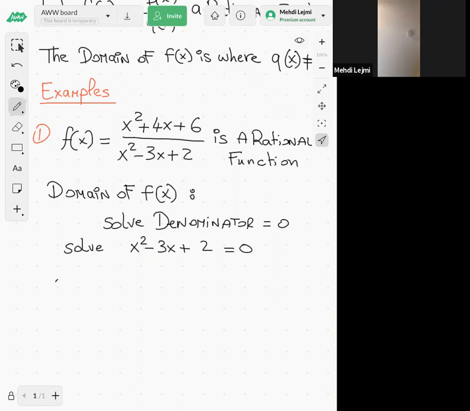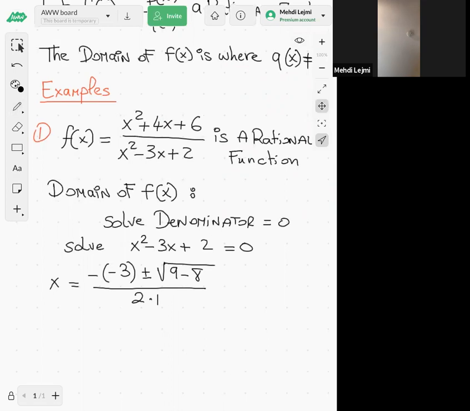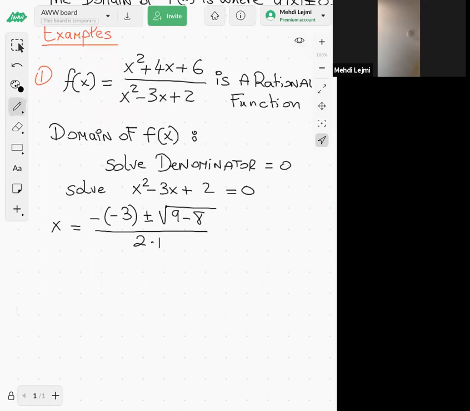So then your x is minus b, so minus negative 3, plus or minus square root of b squared, that will be 9, minus 4 times a times c, that's 8, over 2 times 1, right? So then x is positive 3 plus or minus square root of 9 minus 8, that would be 1. Square root of 1 is 1, of course. So it's plus or minus 1 over 2.